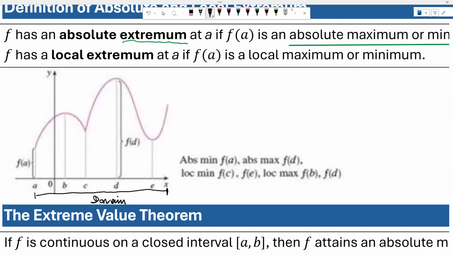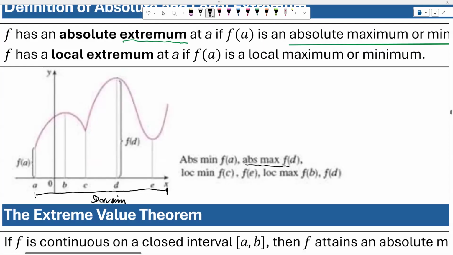So therefore, we will have the absolute maximum value being f of d. And in this case, f of a is the smallest output value that we have within this domain here. So therefore, f of a will be the absolute minimum.